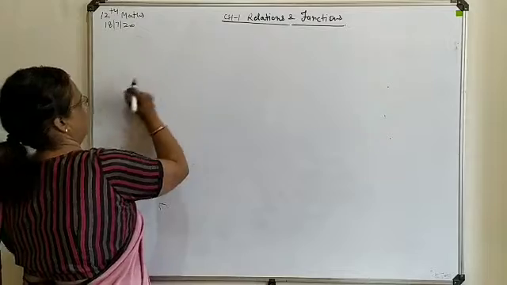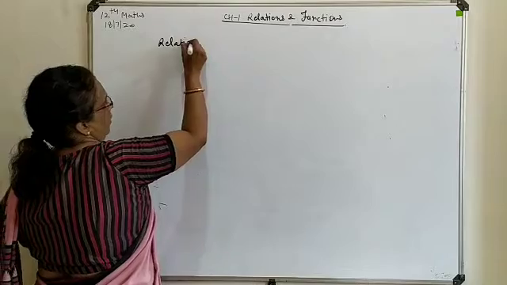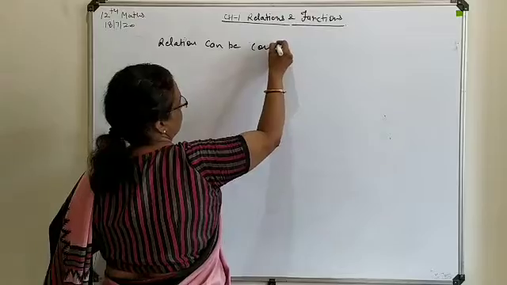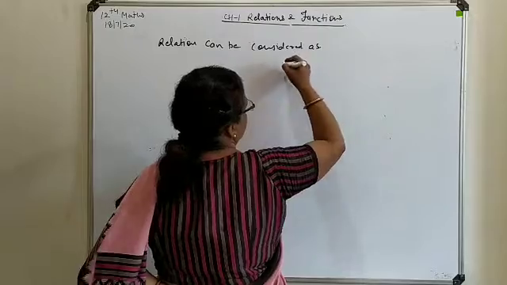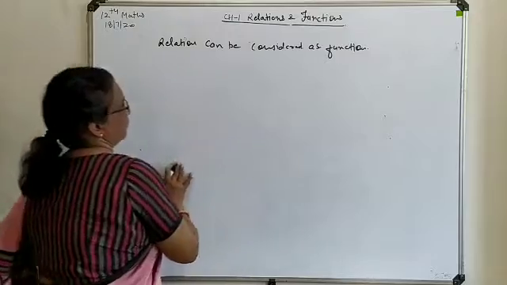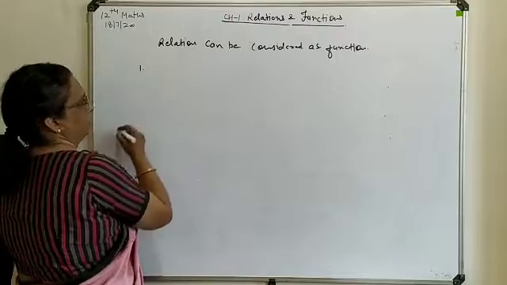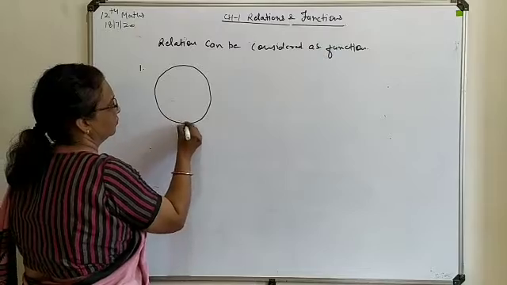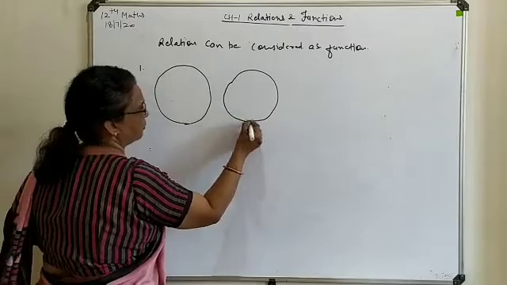So, first case, we are having 2 sets A and B, or any combination we can take.